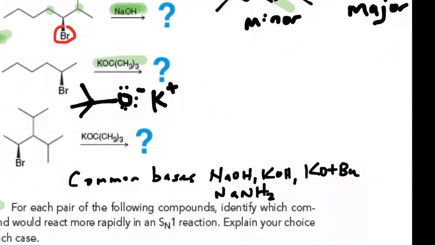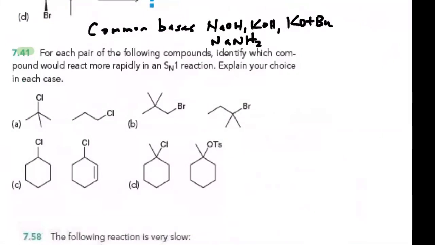All right, let's go to 741. Let's do D, C, and A. We're gonna start with A. For each of the following pairs of compounds, identify which compound would react more rapidly in an SN1 reaction.